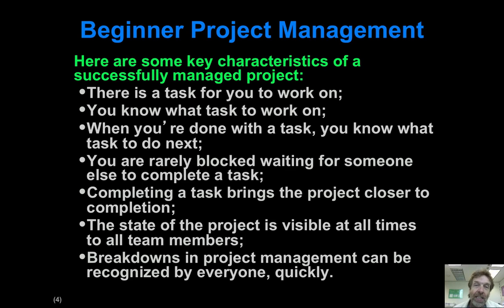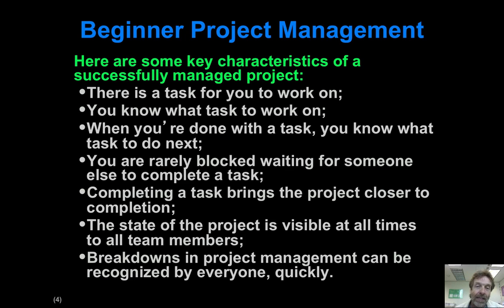You can see the state of progress of the project and its progress towards the goal at all times. And finally, when there are problems in the management, in the set of tasks, in the people, or any of these first six things that I've talked about, that becomes clear quickly. Okay?